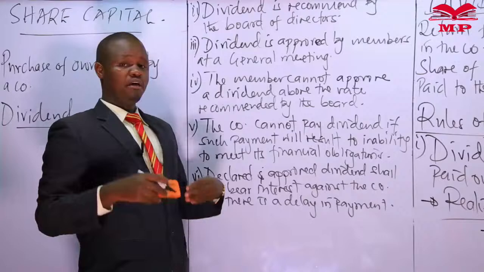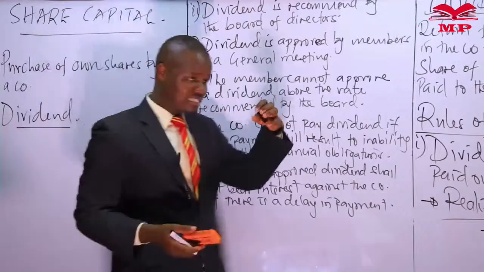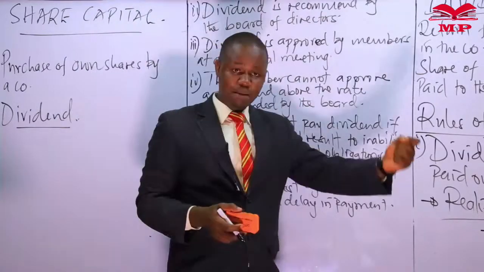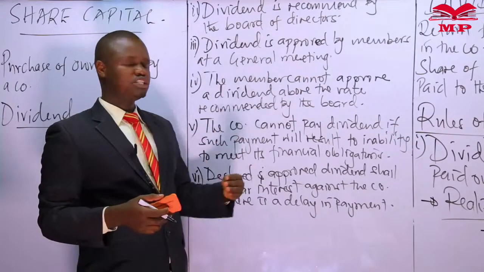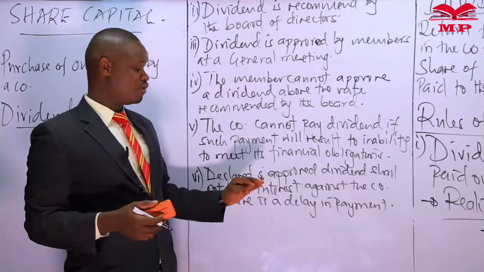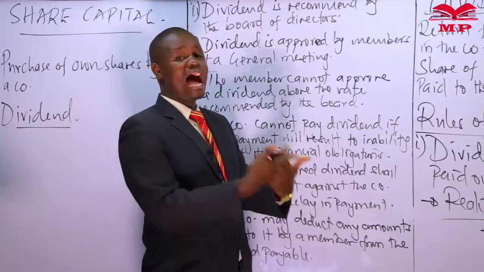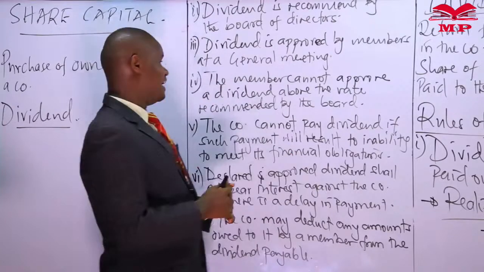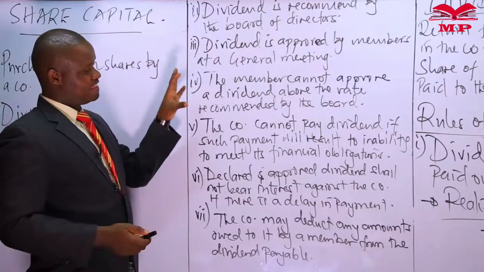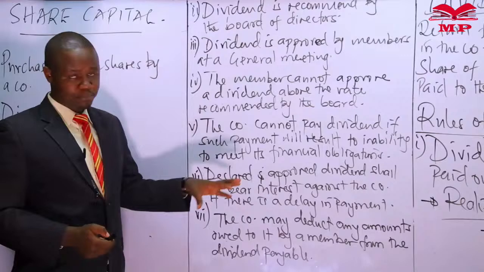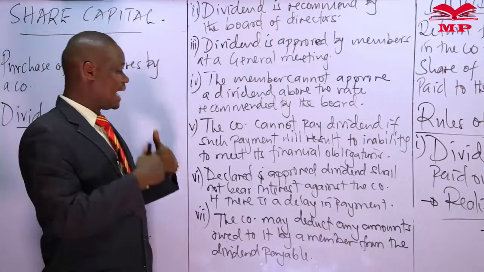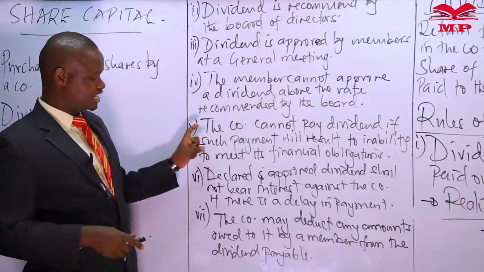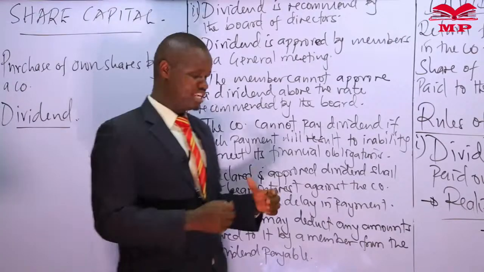Say the board has recommended a certain rate of dividend, which has subsequently been approved by the members at a general meeting; within 42 days of such approval, the dividend should be paid. After the approval of the dividend, the company can proceed to prepare the dividend warrants, which are to be counter-checked and sent to members in respect of the dividend payable to them.